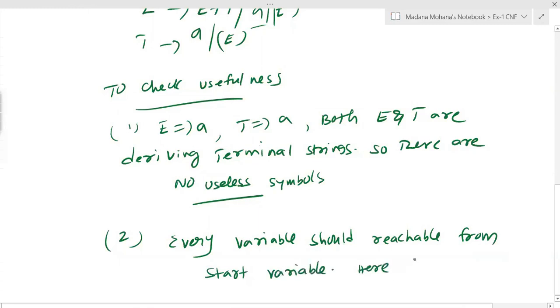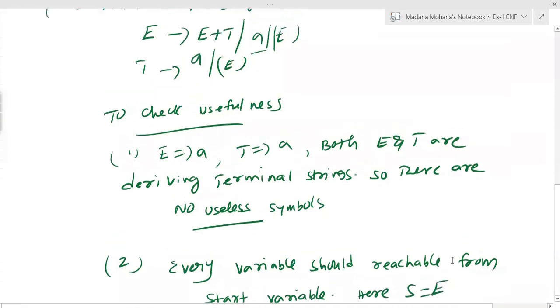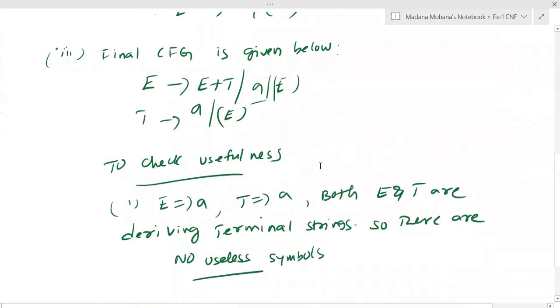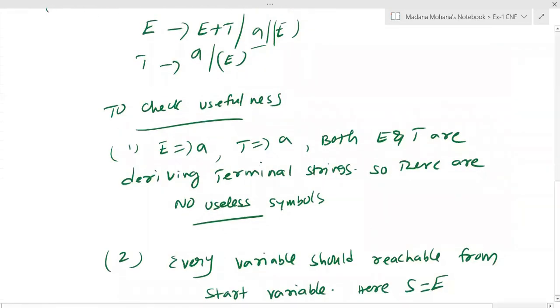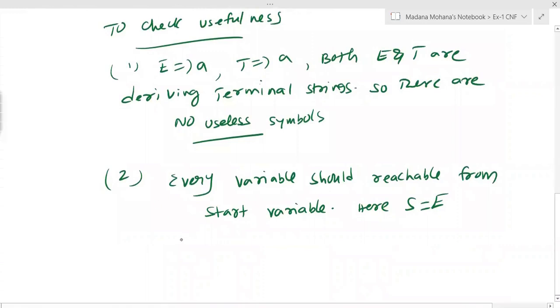Here S equals E, that means the first production starting with E is the starting variable. This can be done by constructing a dependency graph.